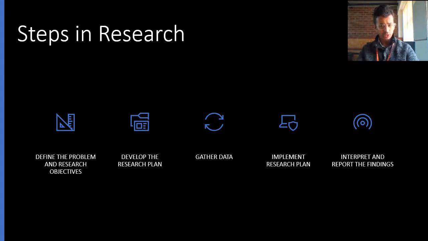Once we have these objectives, to find out why young people do not like this, the next step is to develop a plan. How do we find out why young people do not like it? How do we exactly figure it out? Once we have the plan, we then gather the data. Once information or data is obtained, we then analyze it by implementing the research plan.